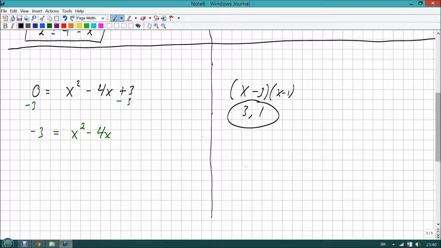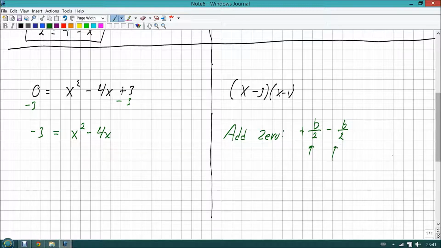Now, the next thing is that I'm going to add 0. I know what you're thinking, but Mr. O'Neill, adding 0 doesn't do anything. Well, it's a special 0, a very special 0. This special 0 comes in the format of b over 2, except that we're going to add b over 2, and we are going to subtract b over 2. b over 2 minus b over 2, of course, is 0, so we're not really changing the value of it.